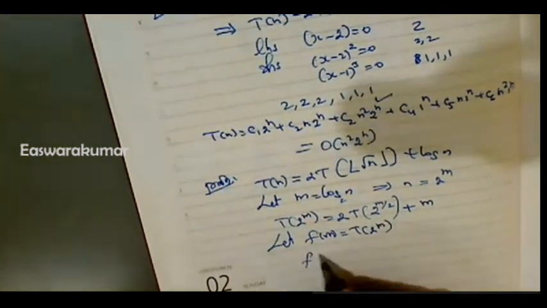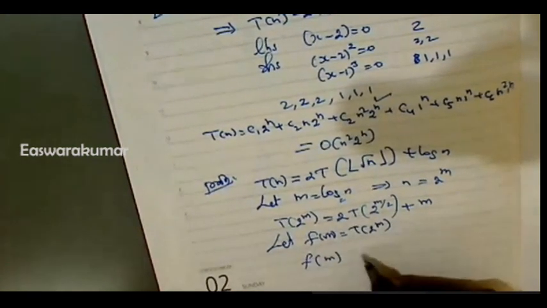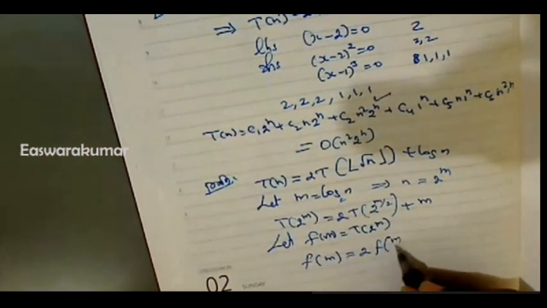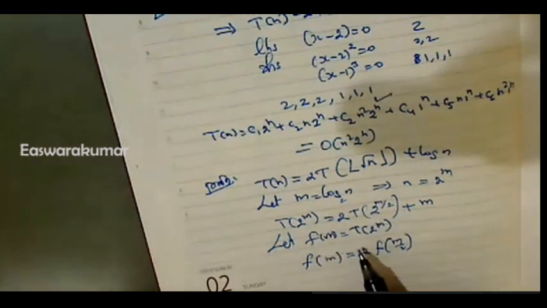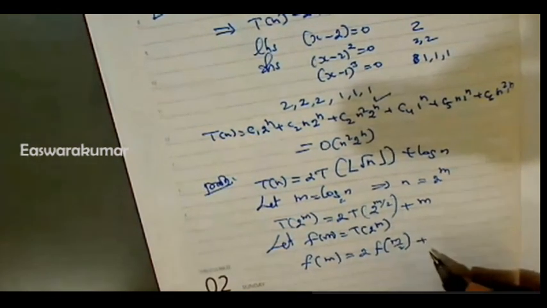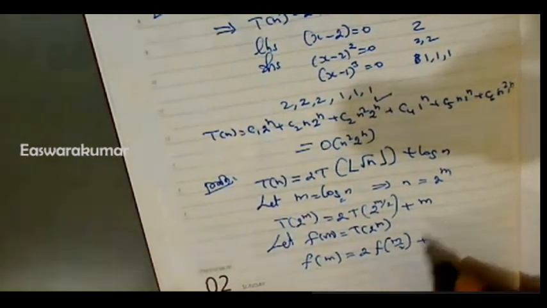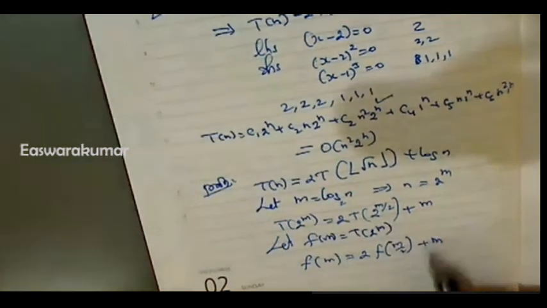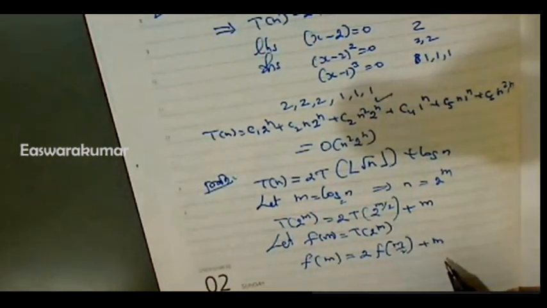This becomes f of m equal to 2 times f of m by 2. So whatever is in the power, that is going to come here, right? F of m by 2 plus this m, right? So here only change, but variable is not changed. Therefore, this m comes like that.